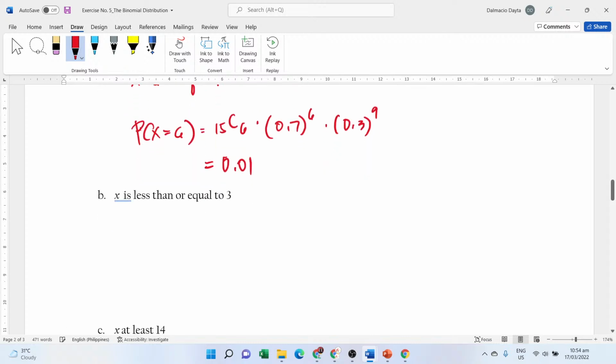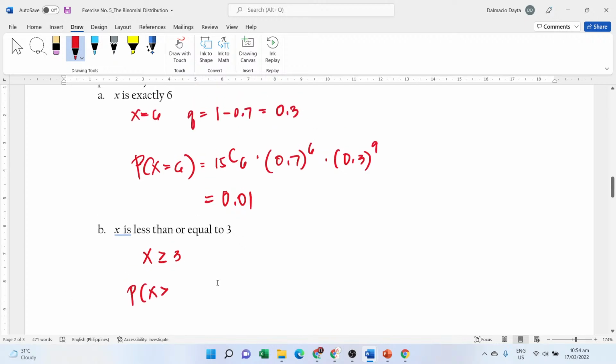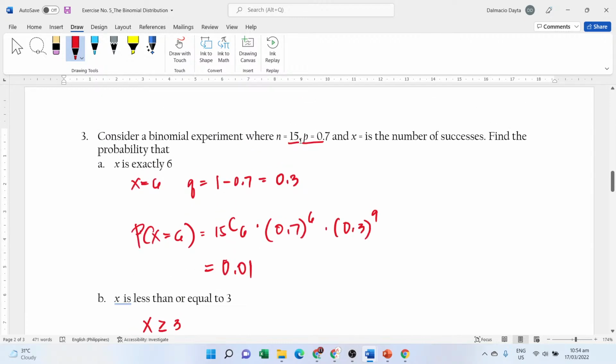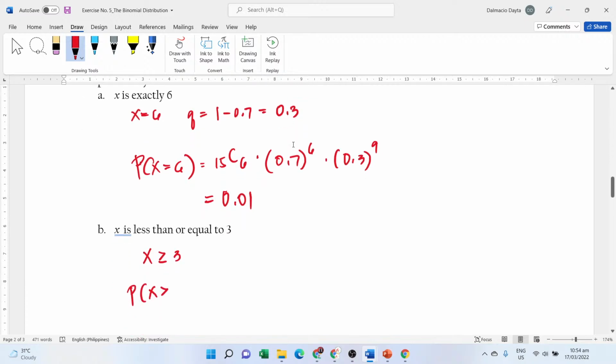Now, B is x less than or equal to 3. This one is a little complicated, no? So that means we're going to get the probability hanggang n is equal to 15, no?